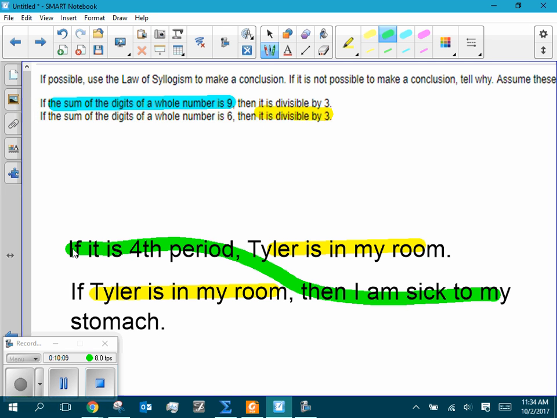That's what I want you guys to understand when you look at these initially. For the law of syllogism, if they do not match, look at them in a different order, and then maybe you will get a match. The law of syllogism and the law of detachment are very useful things for us, and they're really the way we operate through our daily lives.